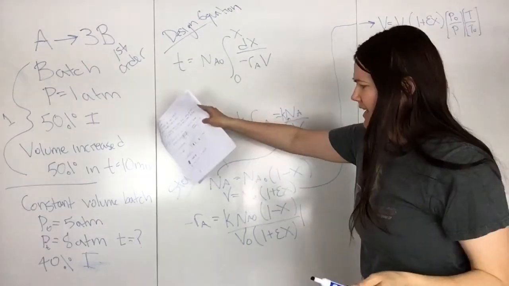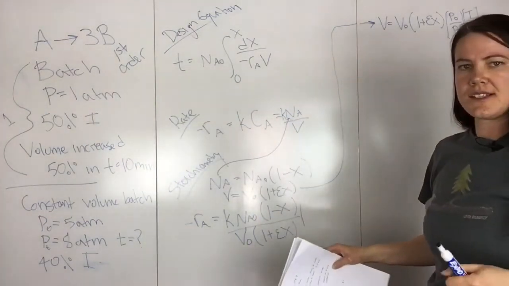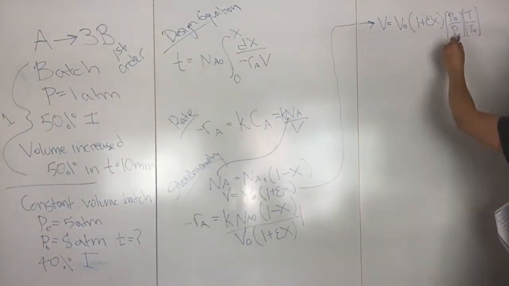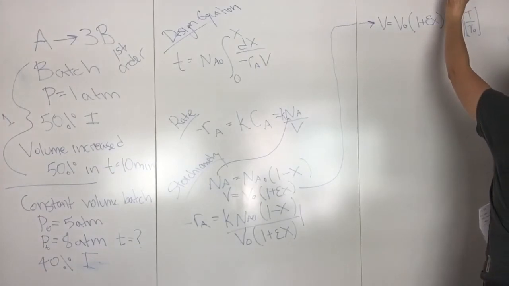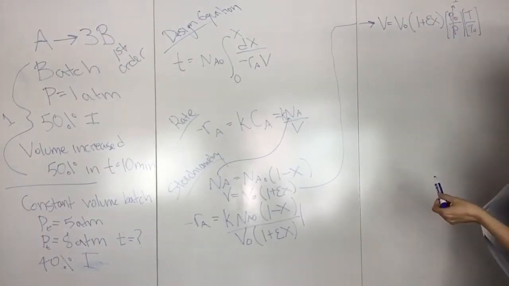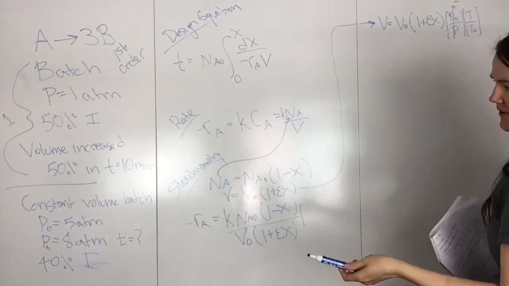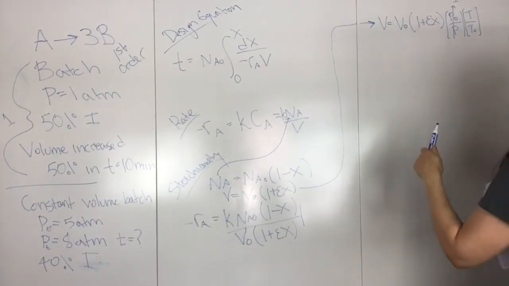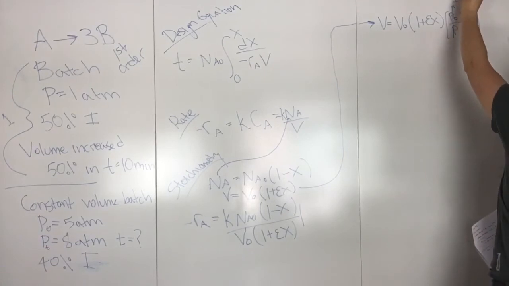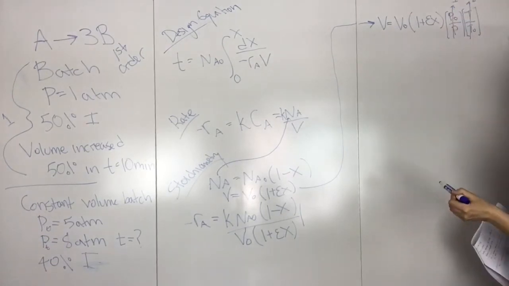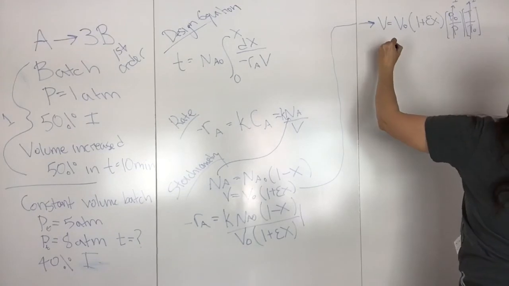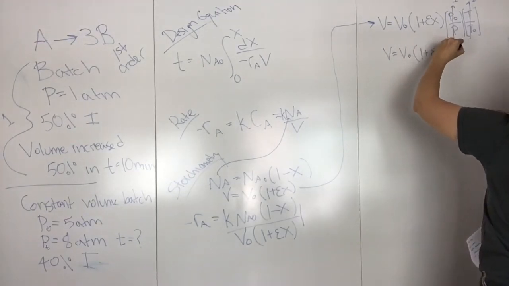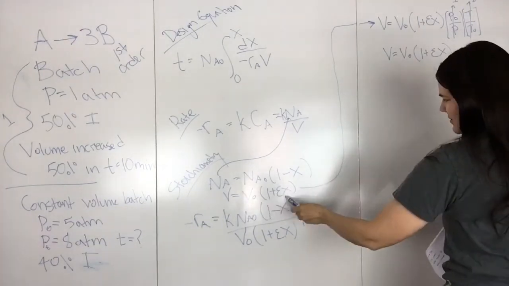So for this first reactor, it's constant pressure with the volume changing. So we know that P naught over P is equal to 1. And I'm also assuming isothermal. I don't think it says anything about temperature in the problem, so I think that's a good assumption. So then T over T naught is also equal to 1. So then we're left with V equals V naught (1 plus epsilon x). So that's where this came from.